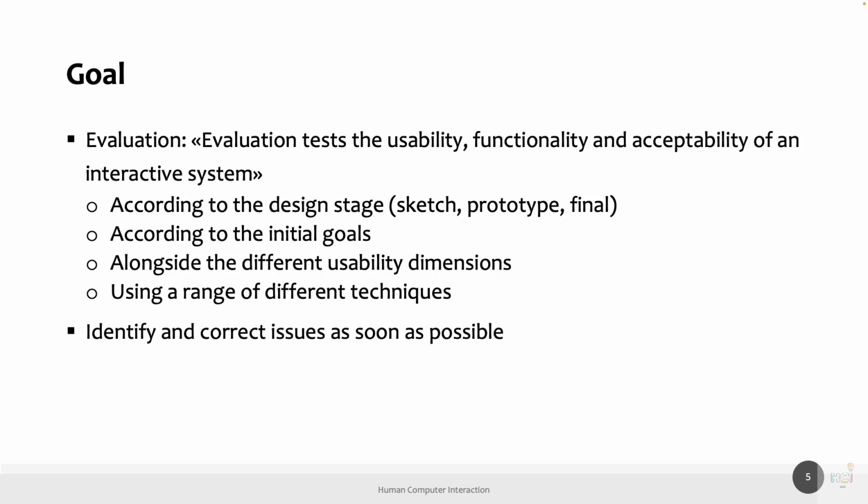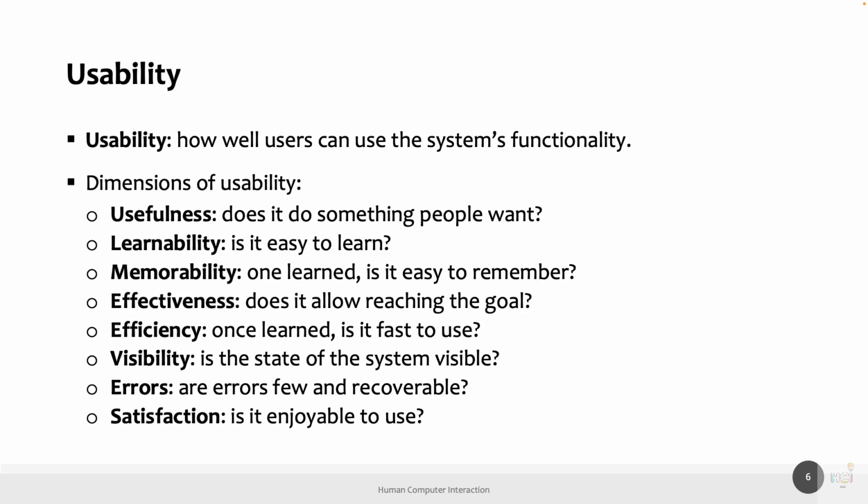And according to the design stage, there are different evaluation techniques. Of course, evaluating a low-fidelity prototype is different than evaluating a final implementation. And so we can use a range of different techniques. Again, the goal is identify and correct issues as soon as possible.